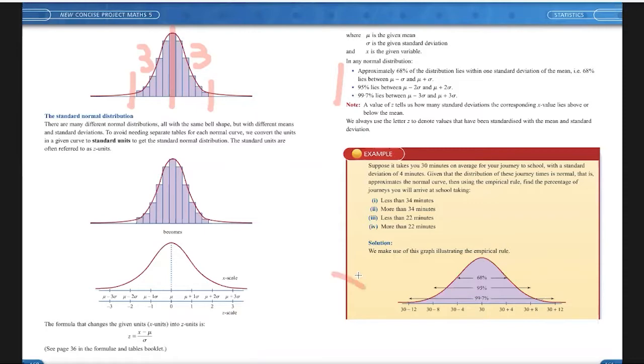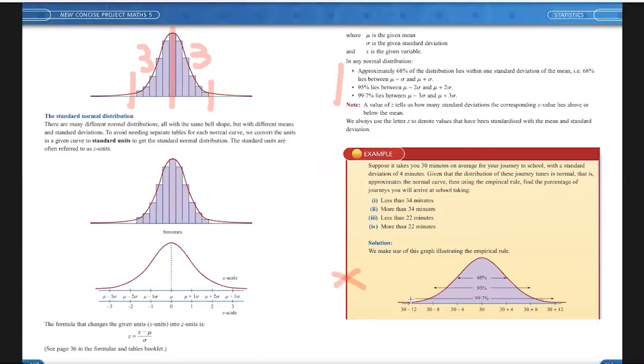Down here, what you find is that if you are within 1 standard deviation of the mean, 68% of all of your data will lie between it. If you go between plus or minus 2 standard deviations around your mean, you'll find that 95% of your data will be under that.